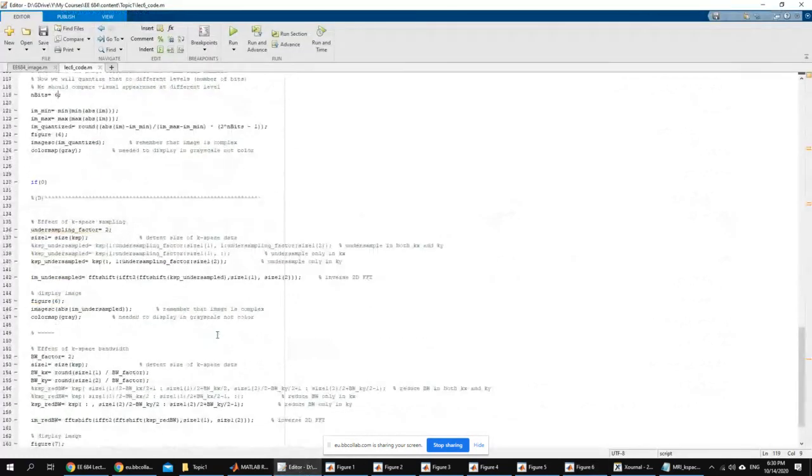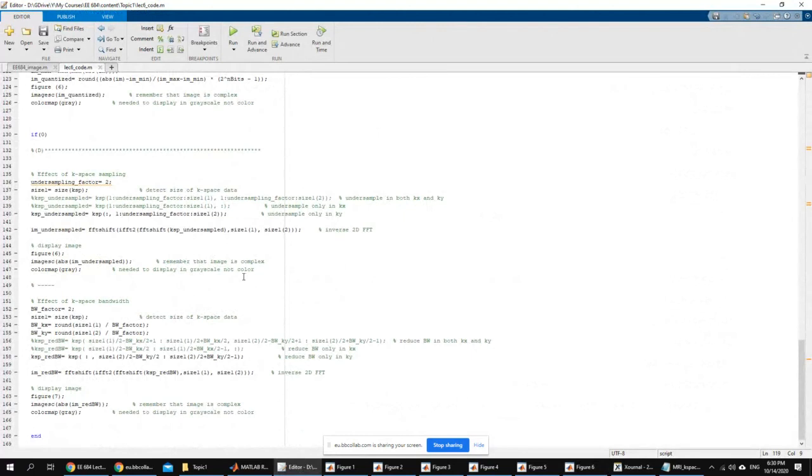Okay. The remaining part is yes. Go ahead. If we raise the number of bits more than 8, what happens? It's fine, because basically the image here is real numbers. When you display it, you scale the colors.